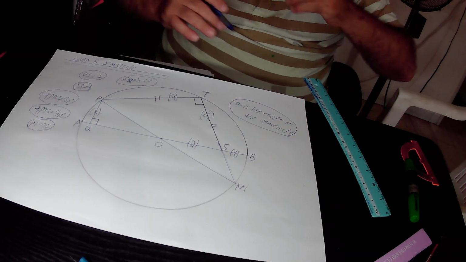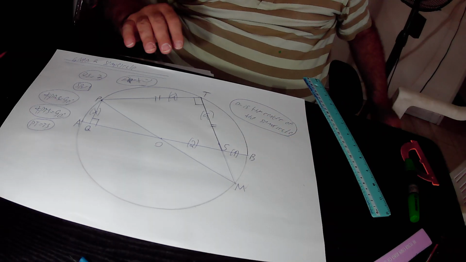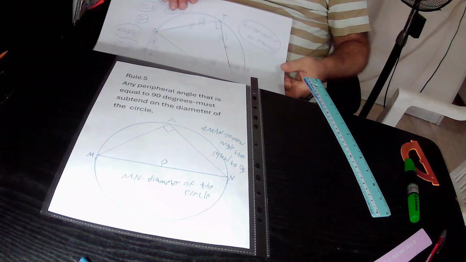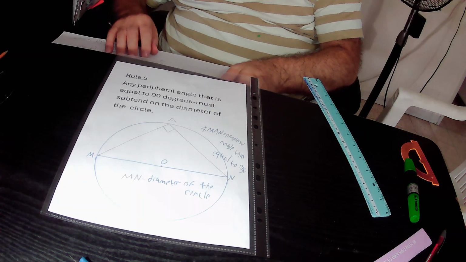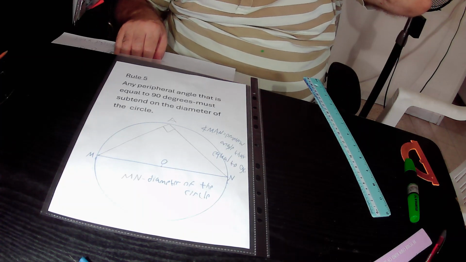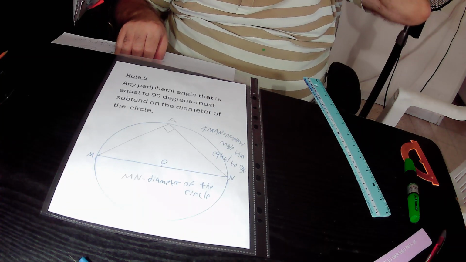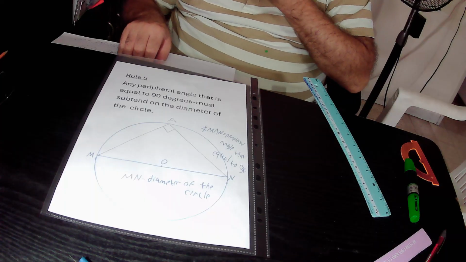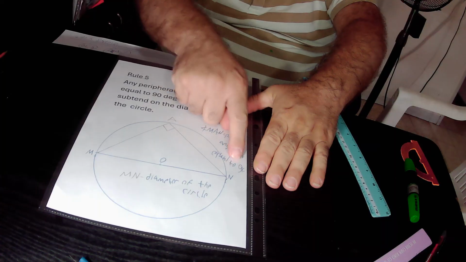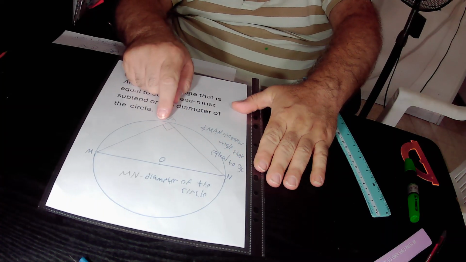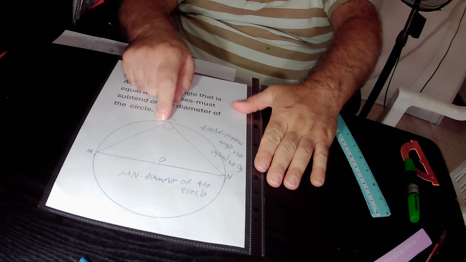So here we can implement rule 5. So I click quickly on rule 5. According to rule 5, any peripheral angle that is equal to 90 degrees must subtend the diameter of the circle. So in the drawing we have a circle. This is peripheral angle MAN that is equal to 90 degrees in its size.